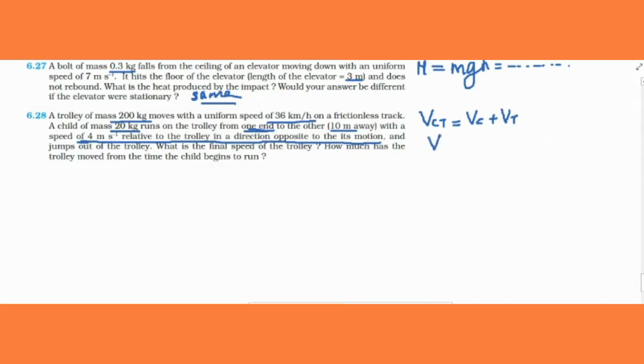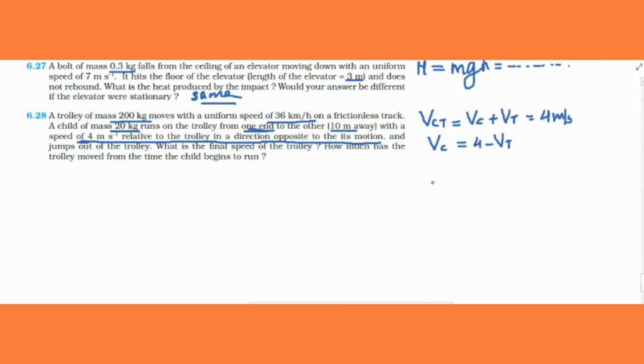From there, you can calculate the velocity, and this value is given in the question. It is 4 meter per second. From there, the velocity of the child you can calculate: Vc is equal to 4 minus Vt.